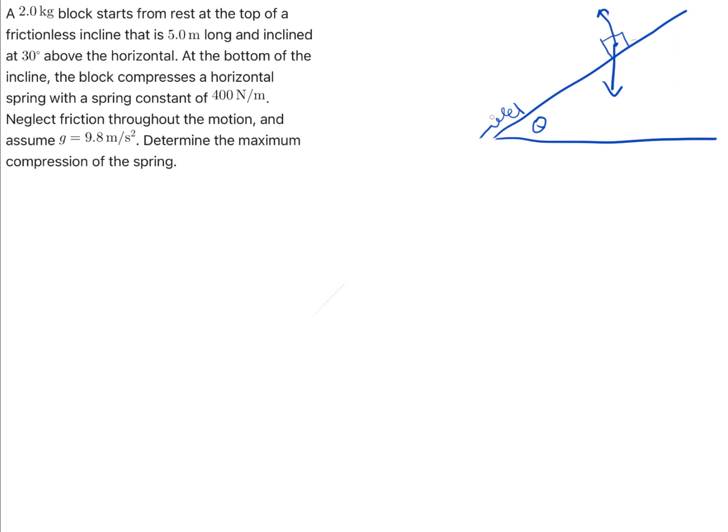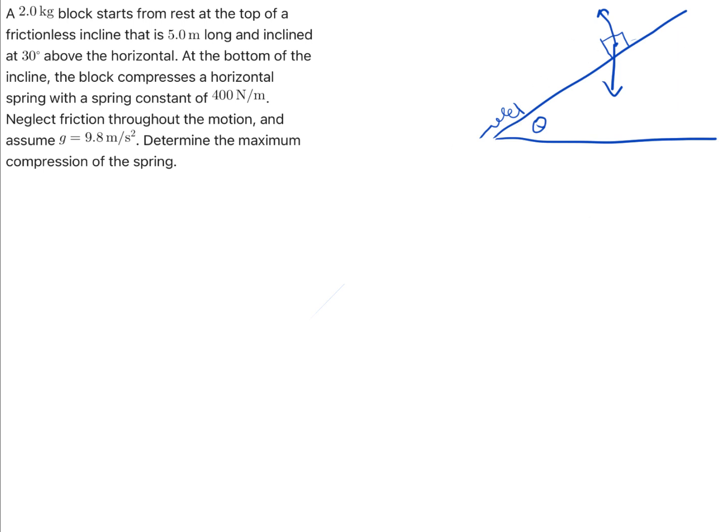And while the spring is being compressed, it exerts a variable force on this block, which means that the acceleration on the block will also be variable, and hence we cannot use the constant acceleration kinematic equations to find the maximum compression.